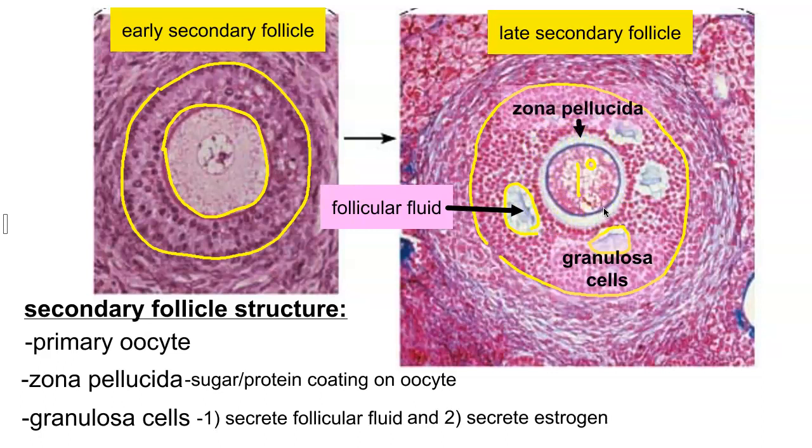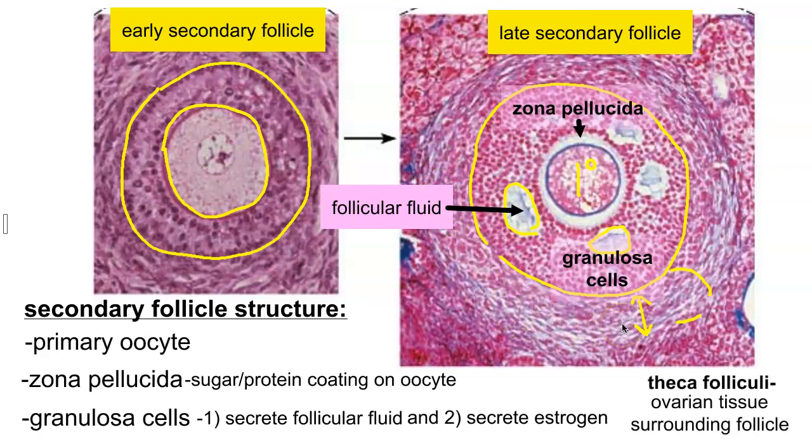Another thing that we can really notice here is that the ovarian tissue that's surrounding the follicle, this region, is starting to change to support the life of the follicle. That ovarian tissue surrounding the follicle is known as the theca folliculi.